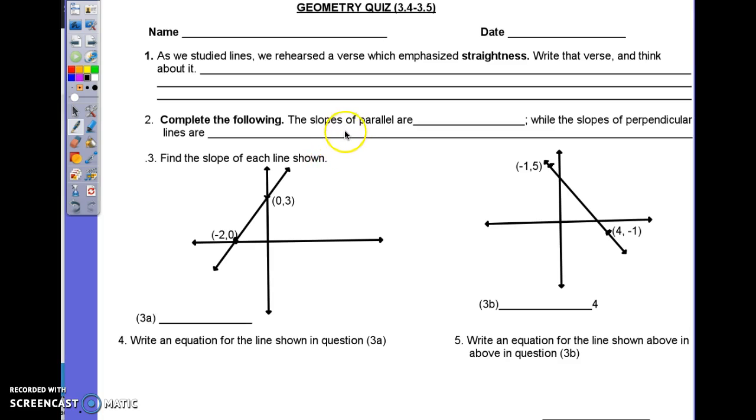Here is our practice quiz, and I'm going to start with numbers 3 and 4 and so on. I trust you'll really study numbers 1 and 2. What I'll do is also upload or post to Haiku a second video covering numbers 6 through 9.